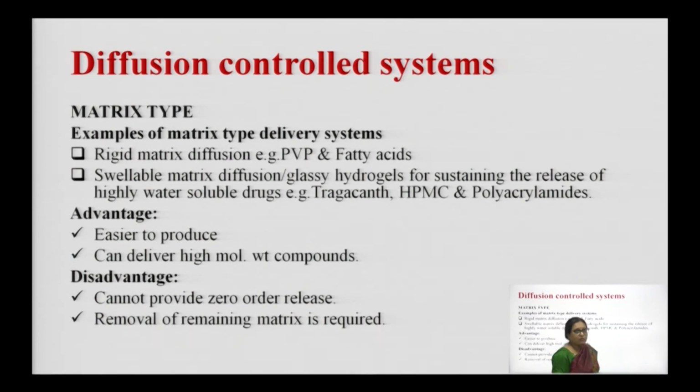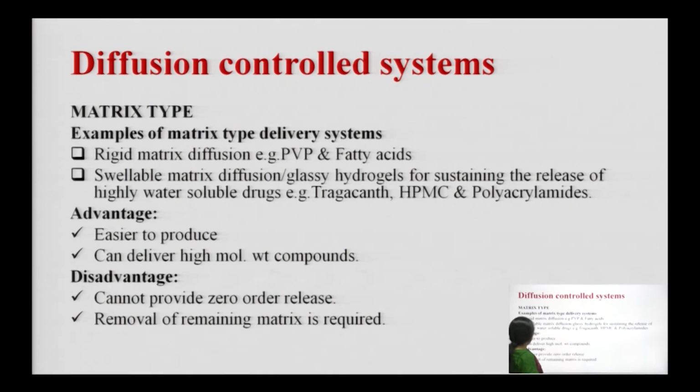These systems can be of 2 types further. The matrix can be rigid, for example, a matrix made up of PVP and fatty acids, or the matrix can be a soluble matrix or glassy hydrogels for sustaining the release of highly water soluble drugs.